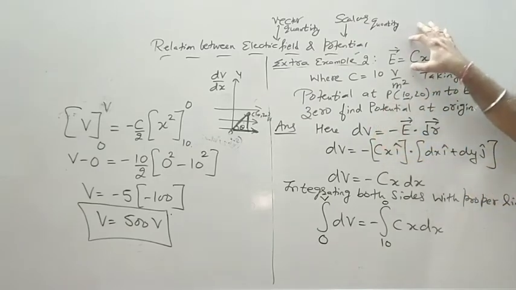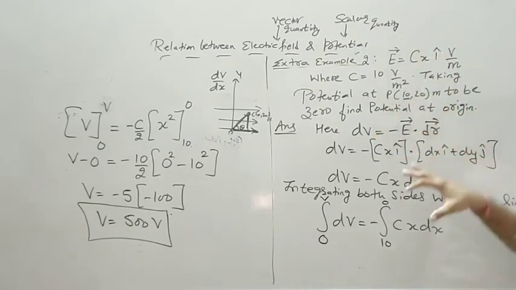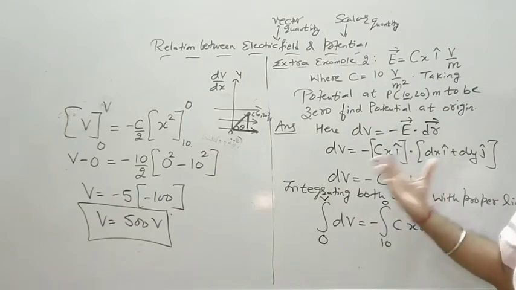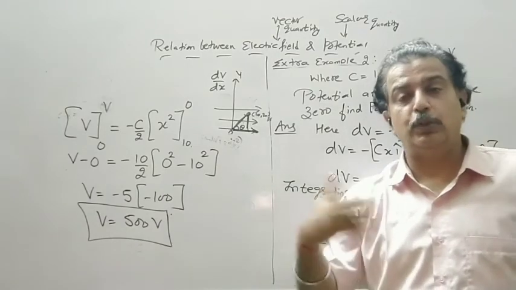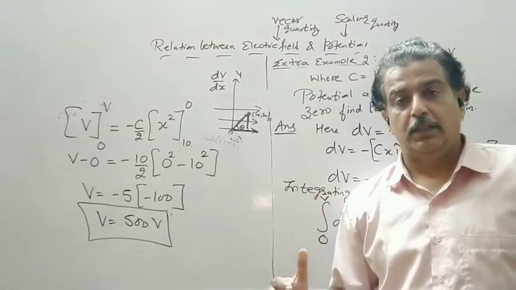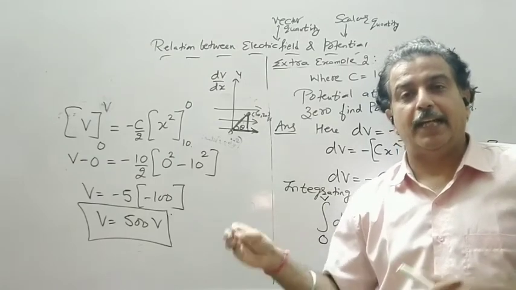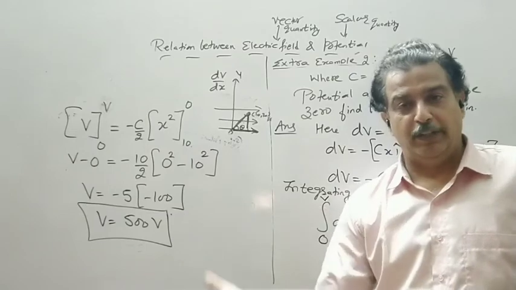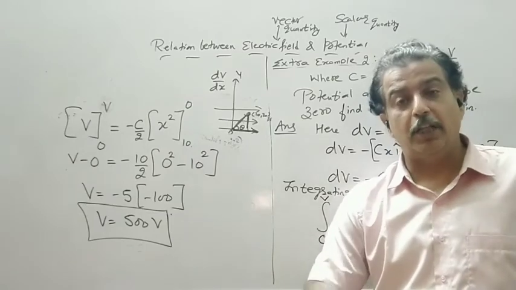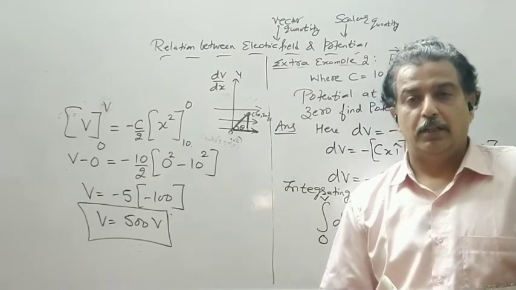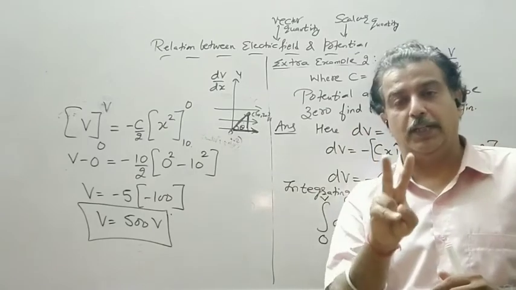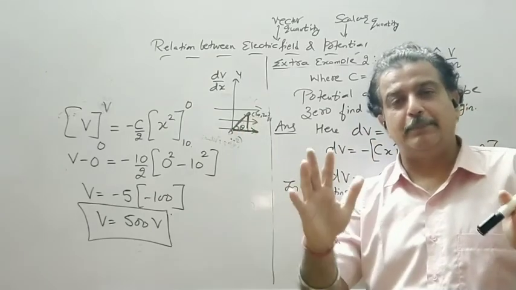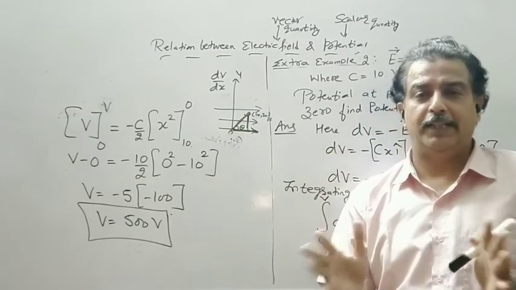If the field is given, we do the integration. If V is given, we do the partial derivative. If it makes an angle theta, meaning the electric field is 1D and you are moving 2-dimensional, or the field is 2-dimensional and you are moving 1-dimensional, then we use the dot product. So we have two relations. In the previous lecture there was a simple example for 1 dimension.